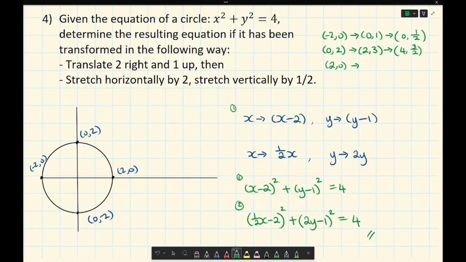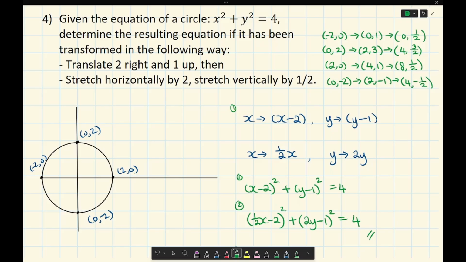Performing the translations first, we'll shift it to (4, 1), and then the stretches will shift the point to (8, 1/2). And then the last point is (0, -2). Performing the translations first will get us (2, -1), and then performing the stretches will give us (4, -1/2).